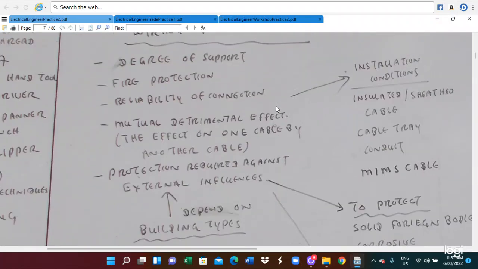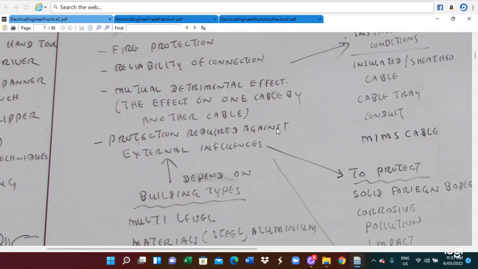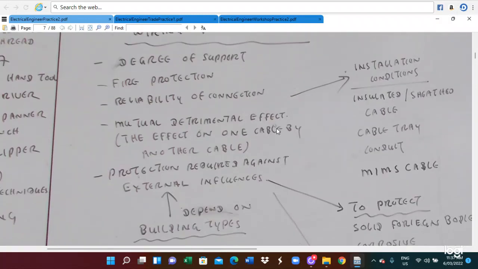So the degree of support, fire protection, reliability of the connection, mutual determinant effect, and protection against external influence are the factors influencing the wiring system.